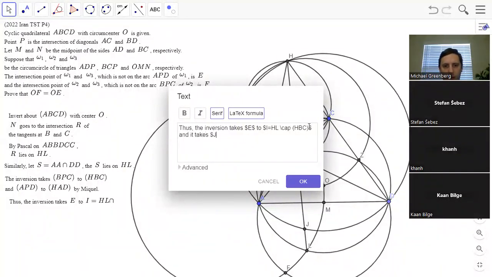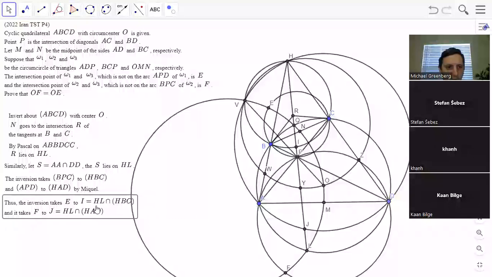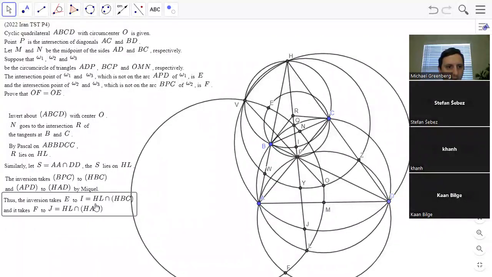Takes J to, no, it takes F to J, which is HL intersect HAB. Now, the problem reduces to showing OI equals OJ.